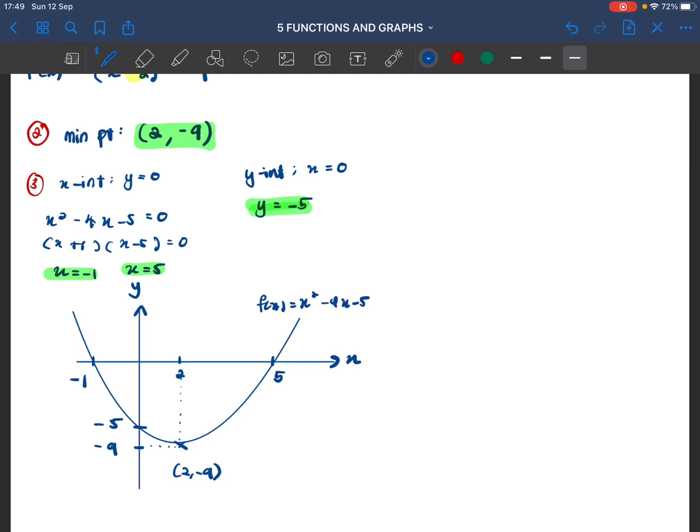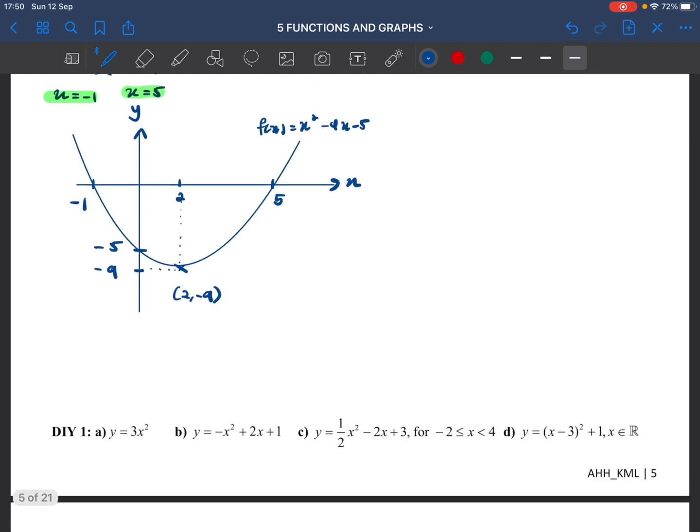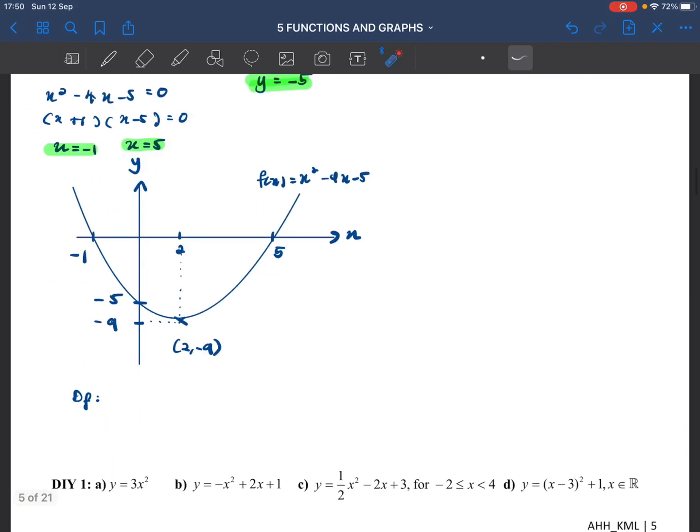So the first thing, if you want to sketch, you plot your minimum point first, and then we see which intercepts the graph goes to. Whenever you sketch your graph, if the question asks for domain and range, let us put the domain. The domain was already stated in the question. So this is our domain, a real number, which is basically negative infinity to infinity.